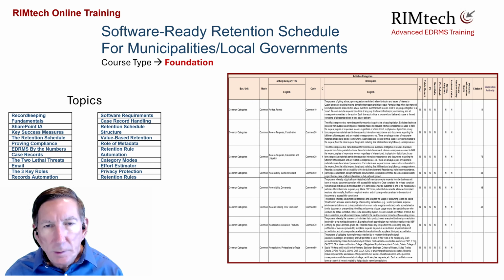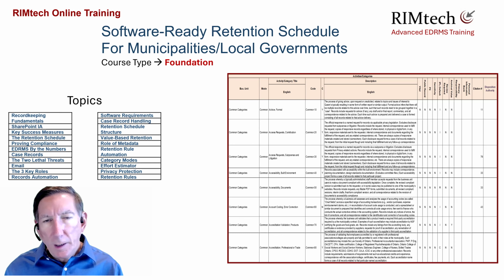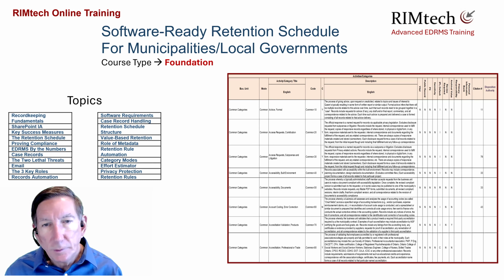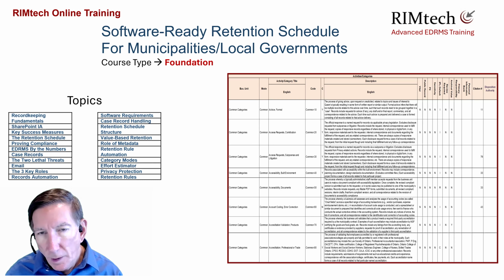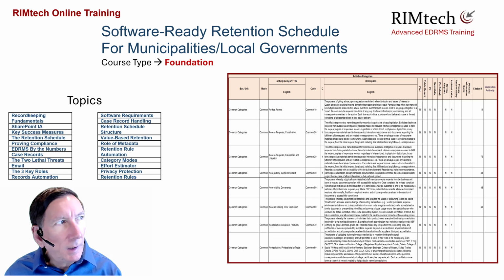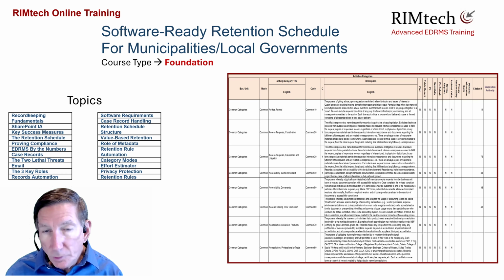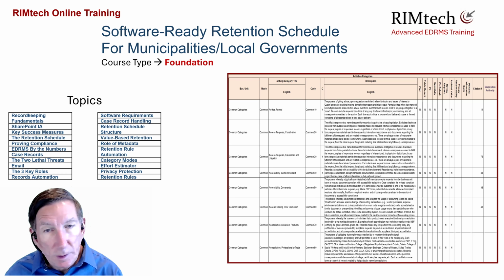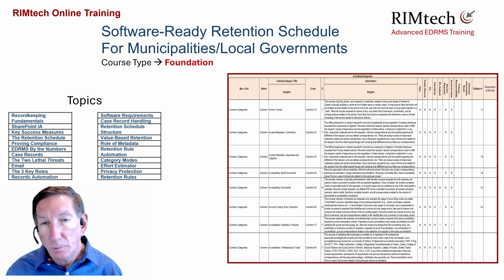And we look at how to deal with the case records properly. And very importantly, we deal with what we call the 2 lethal threats to any EDRMS. Each threat is a mistake. If you make either one of these 2 mistakes, I guarantee you that your project will fail, and there's a possibility it might even take you down with it. We don't want that, and we'll show you what they are and how to avoid them.